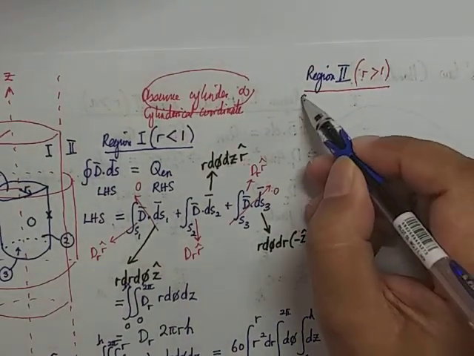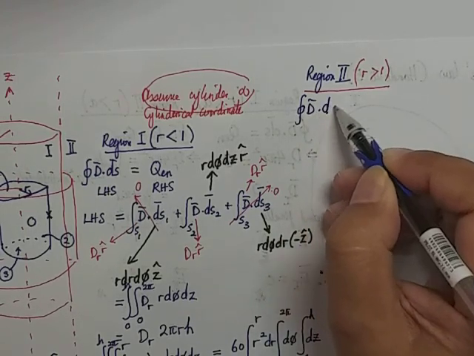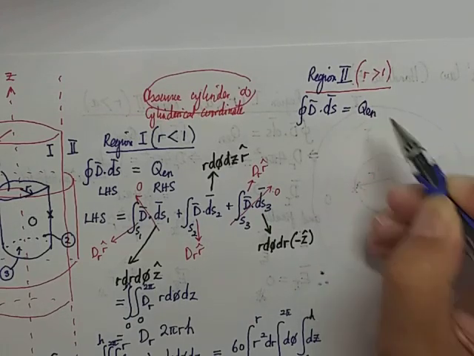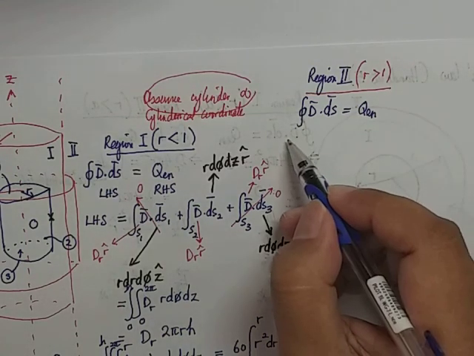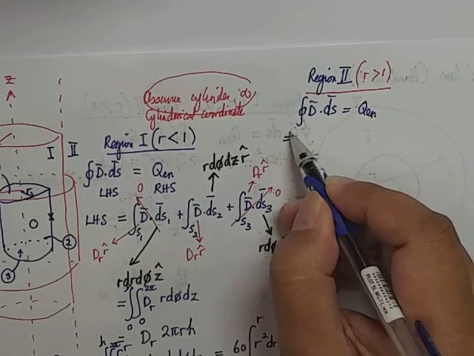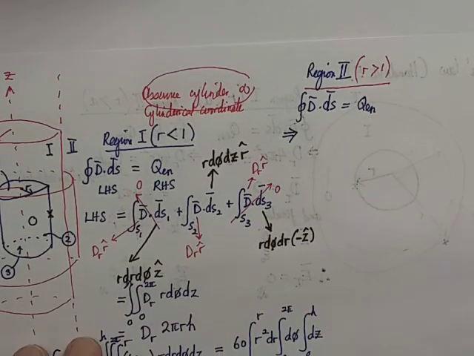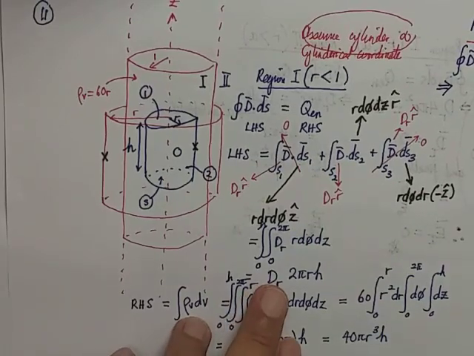D dot dS equal to Q enclosed. Okay, so I'm not going to repeat the same process. I'm going to use my experience now in order to find my solution. Based on my experience, on the left hand side we end with this particular result.